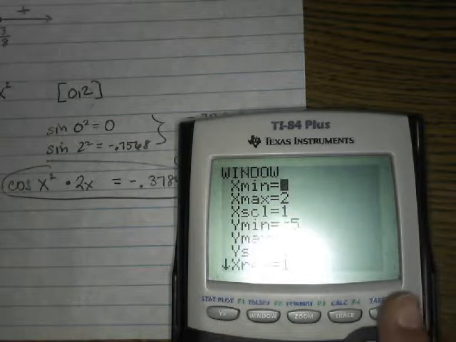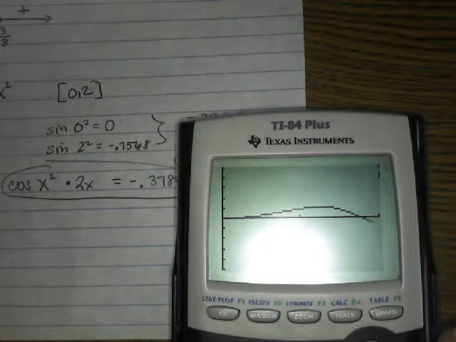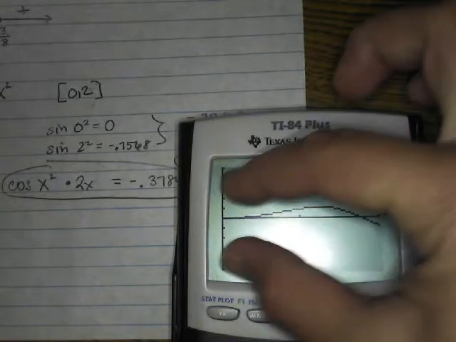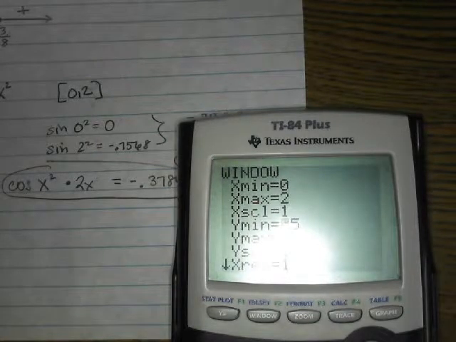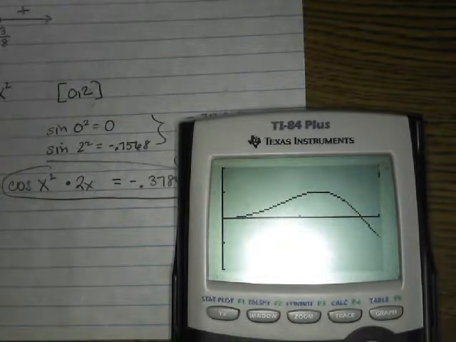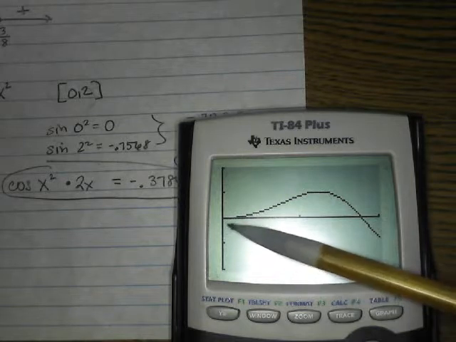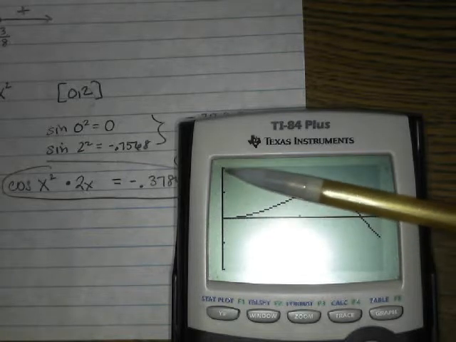I'm just going to go on my y-axis from negative 2 to 2. My average rate of change is from here to here, kind of that slope there. So where on the graph is this going to be a tangent? And it's right there at approximately that value. 1.3099 is right about there. Okie doke.